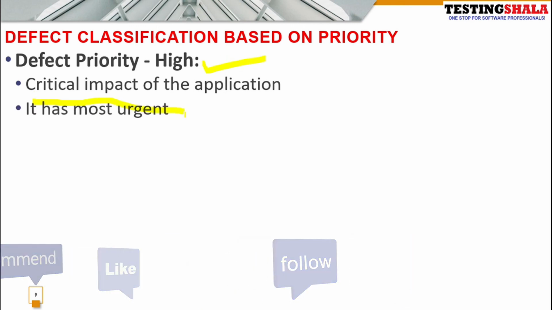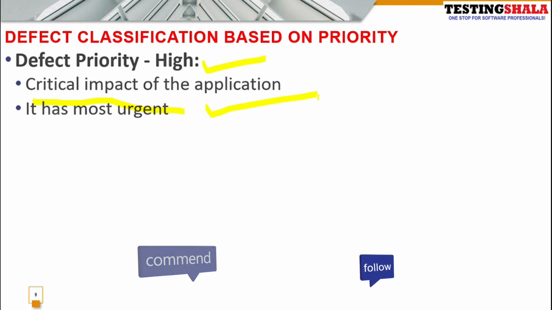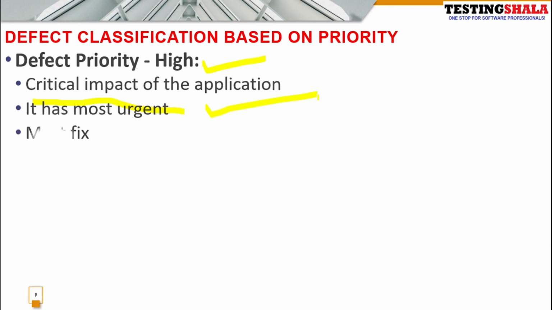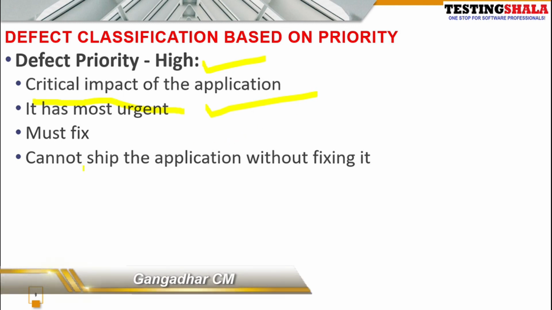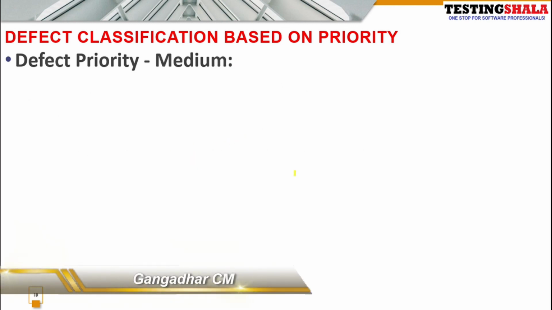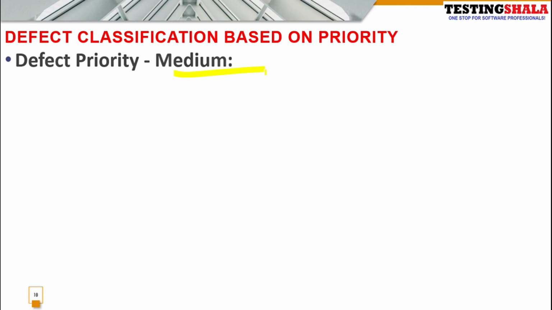They have to be fixed as early as possible, and without fixing these high priority defects, we cannot ship the product or application. The second type is medium priority defects.